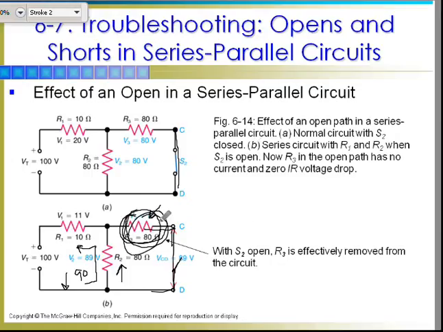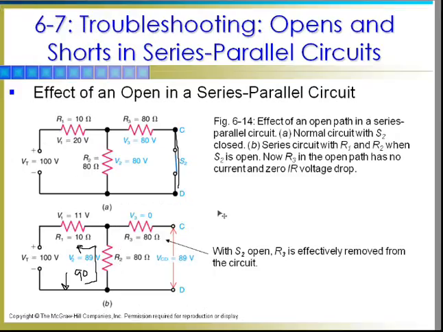Just because you have this guy hanging out here, if we were to stick a meter across points C and D, what we're going to measure is the voltage drop across R2. Yes, this resistor is still in the circuit, kind of, but there's no current flow through them.